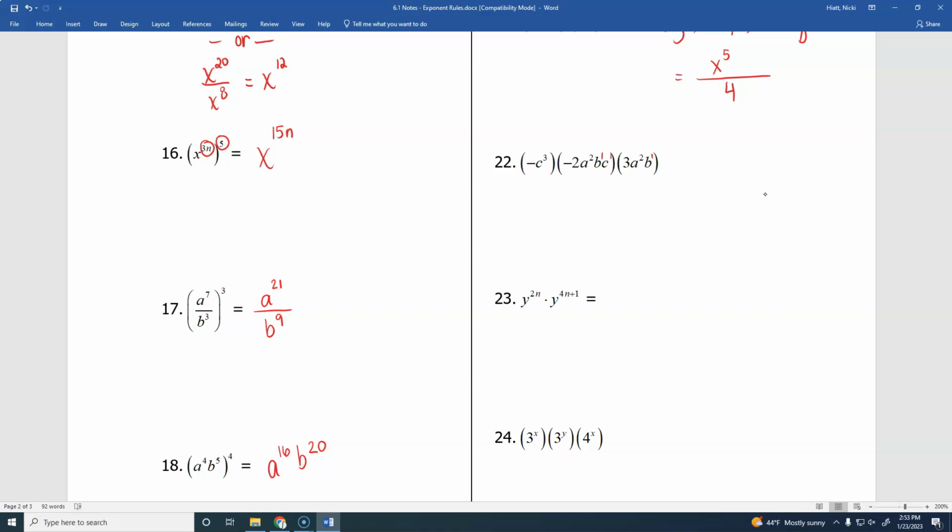I'm also going to do this. This negative right here, what is that really? A negative 1, right? So if I multiply all of my coefficients together, negative 1 times negative 2 times 3, negative 1 times negative 2 is positive 2. Positive 2 times 3 is 6. And I'm going to make sure I'm only putting together the like terms.